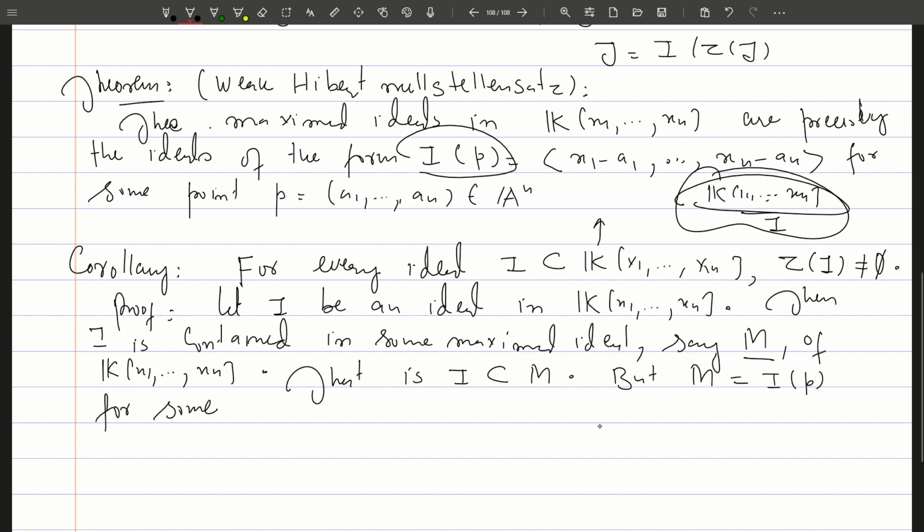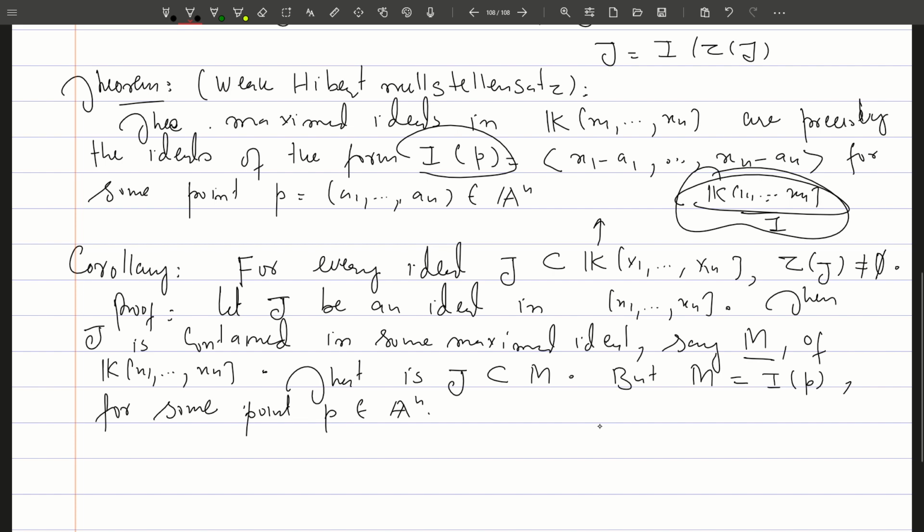Let us call this ideal J, because here by I we mean the function.